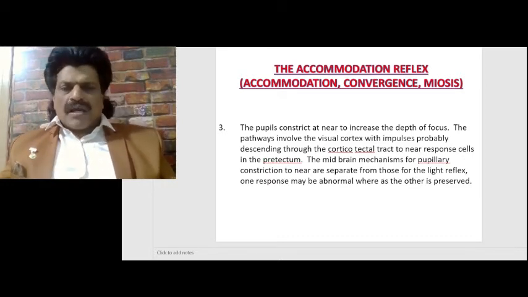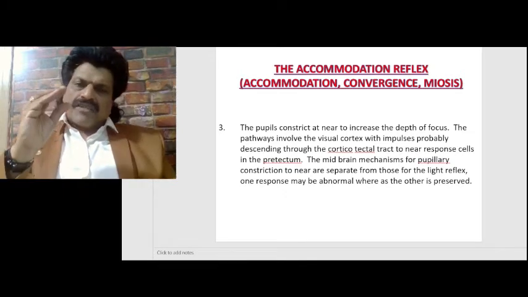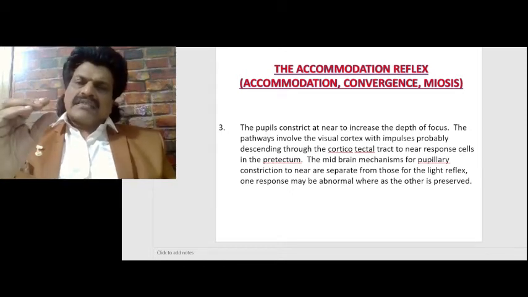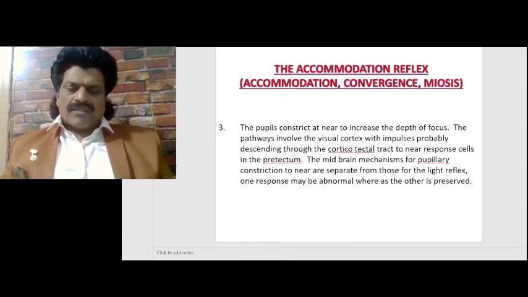One response may be abnormal whereas the other is preserved. For example, the accommodation reflex may be present and the light reflex absent in neurosyphilis, which is known as Argyll-Robertson pupil, where the lesion is in the pretectal nucleus, affecting the light reflex pathway but sparing the accommodation reflex pathway.